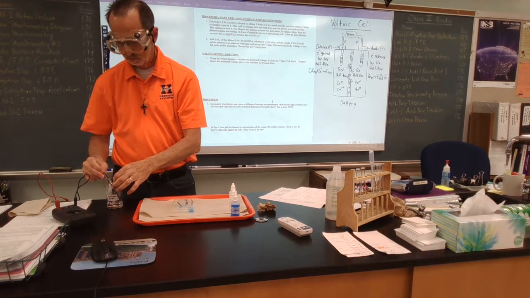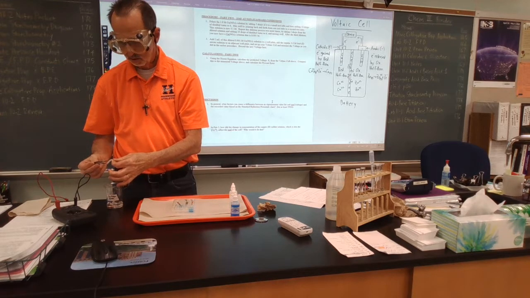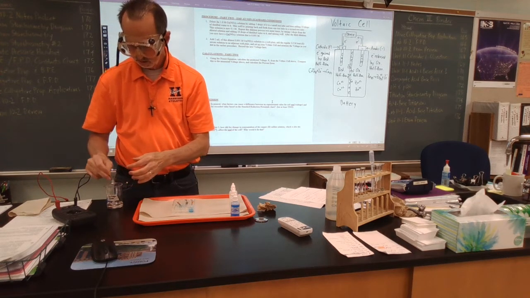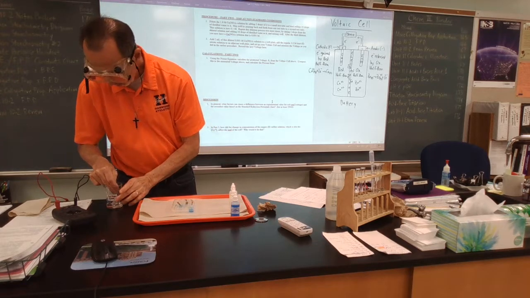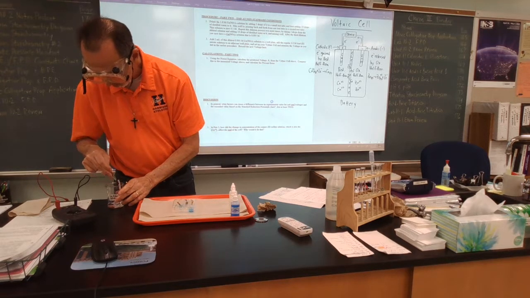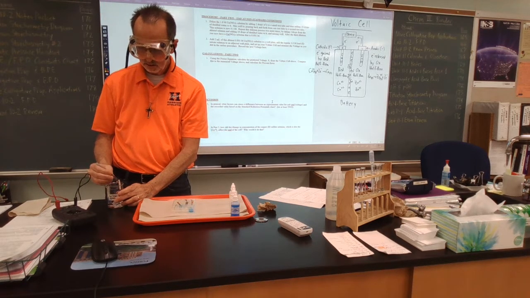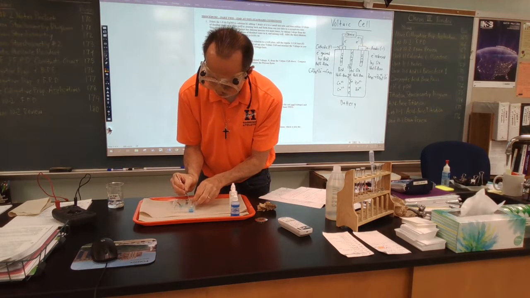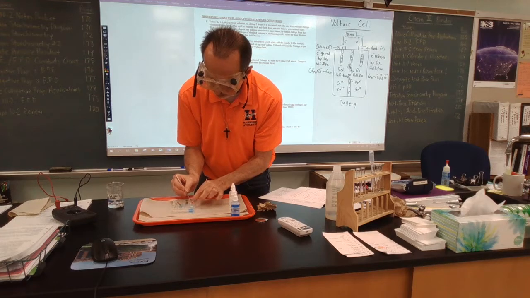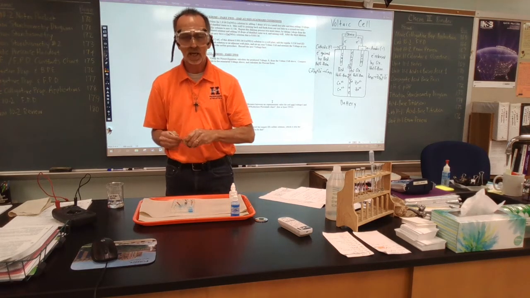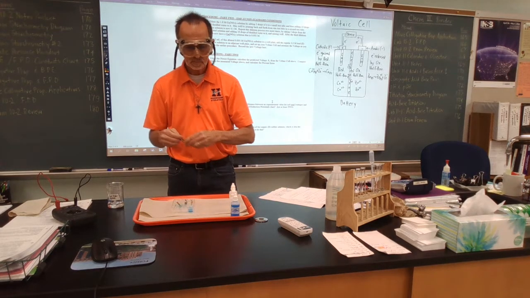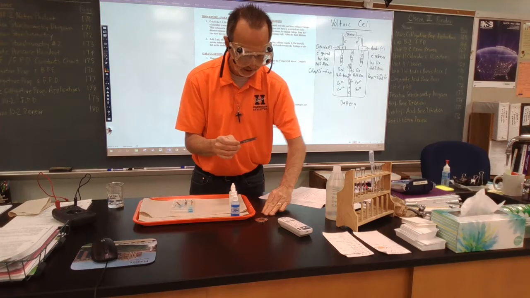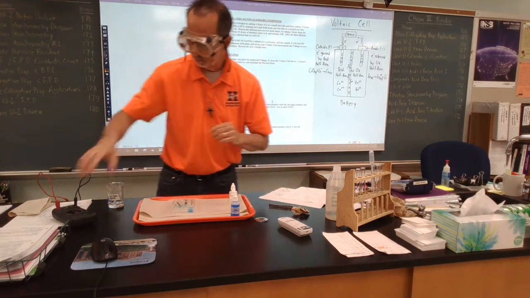Only need 1 though. And I dropped it, of course. There we go. And I will drape it between the two compartments. Perfect. Again, allowing for the continuous flow of electrons between the two.